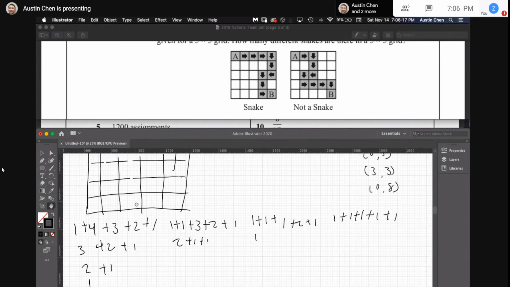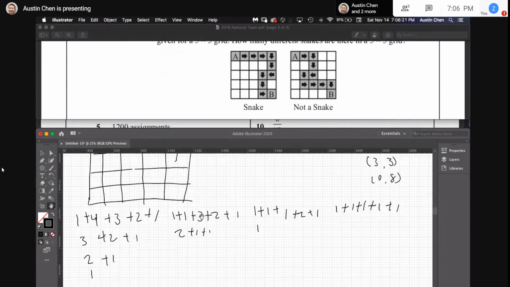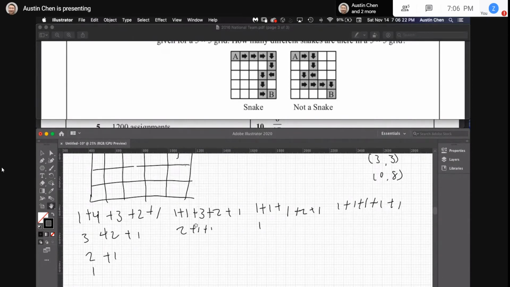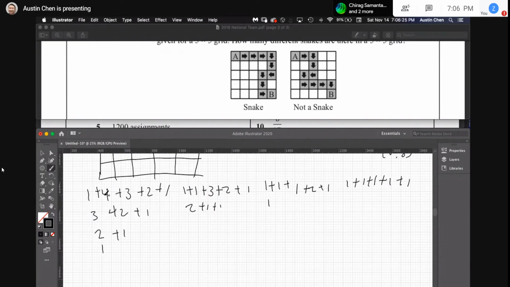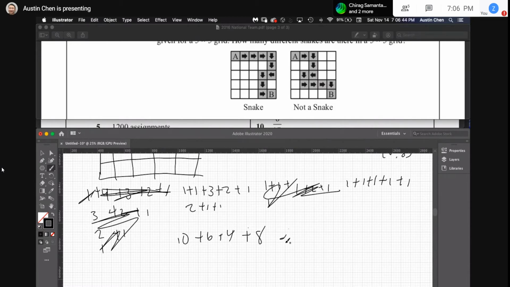All right, so if we counted correctly, this should be all of our cases. So let's just sum that up. So this is going to be 10. That's going to be 6. That's going to be 4. And then if we pair this one with this stuff, then we're going to have 8 there, and then we're going to have 5 there.